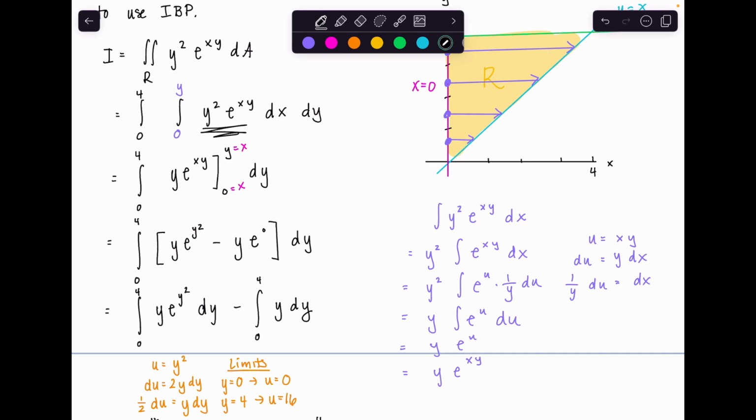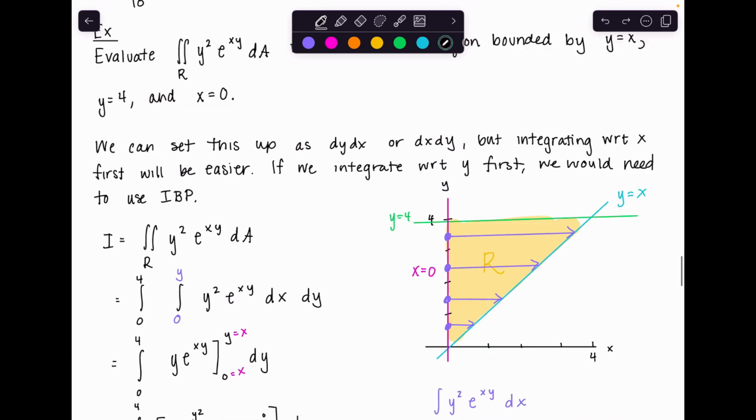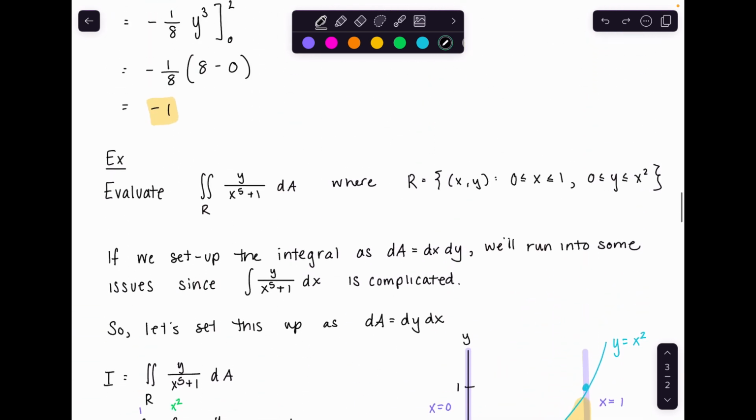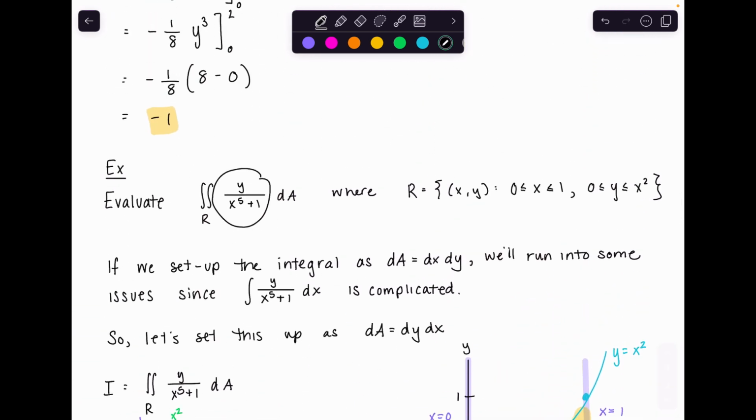So unfortunately here, this one is not separable. And then back up here, however, this you can separate because this is y times 1 over x to the 5th plus 1. So I'm able to break that down as a function of y times a function of x.